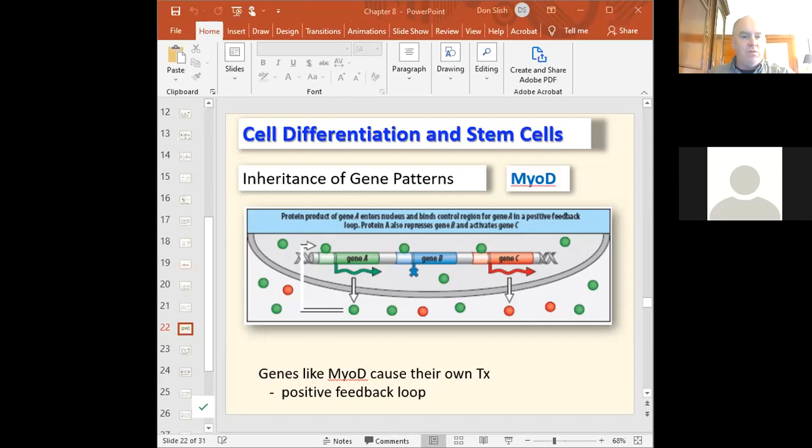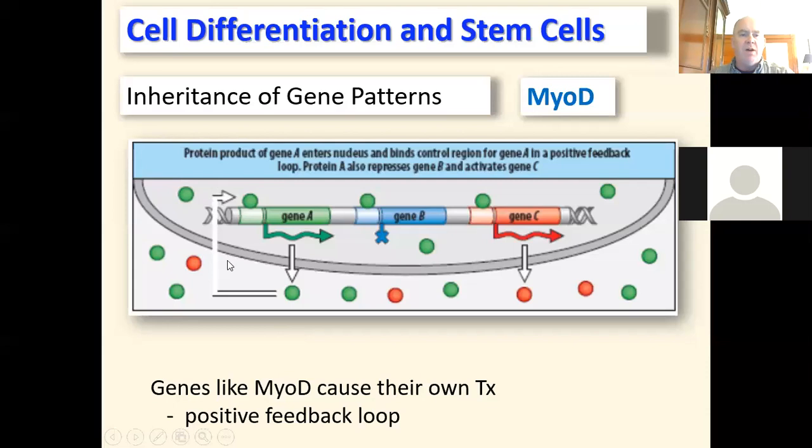And one reason for that is because a lot of genes will cause their own transcription. So this is shown in this figure where this is MyoD, and when MyoD is expressed, it causes its own activation. It'll turn some genes off and some genes on, but it turns itself on.